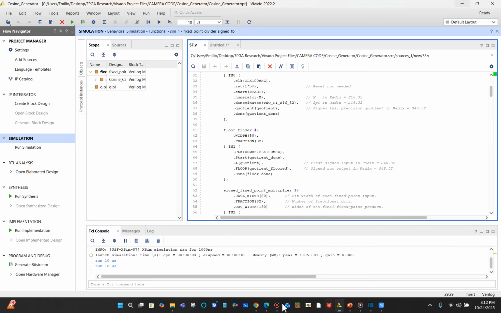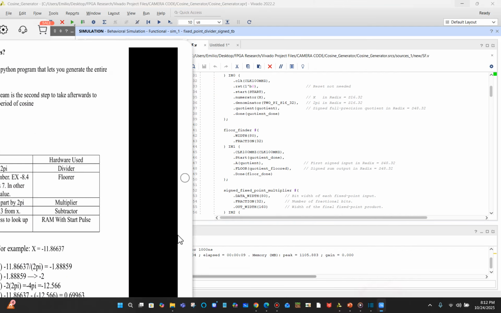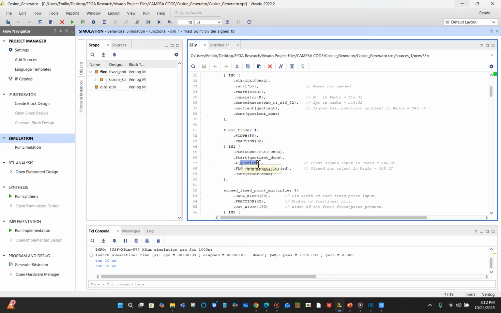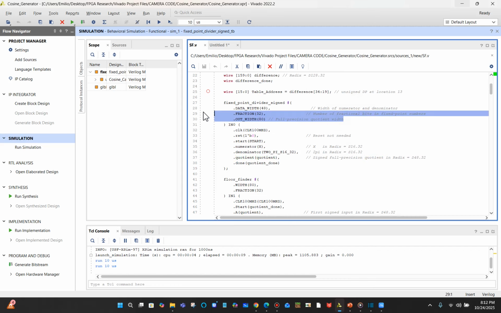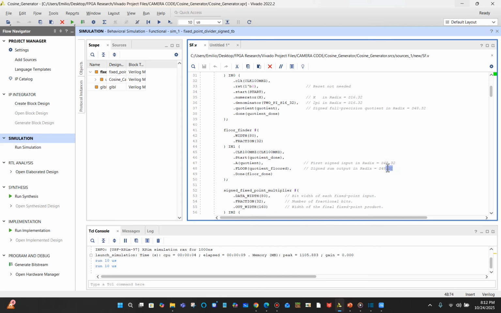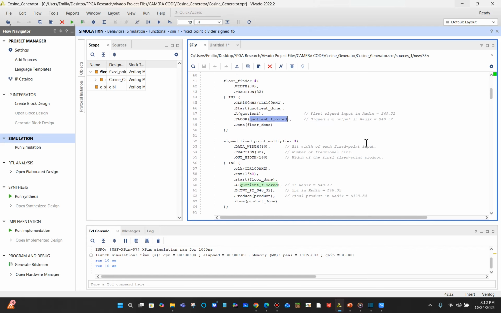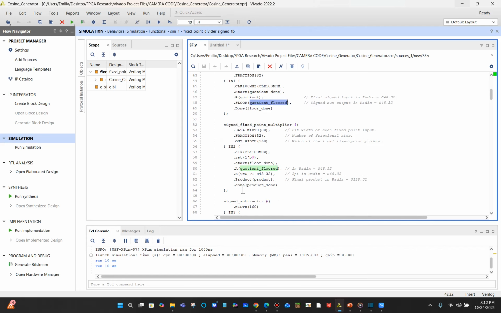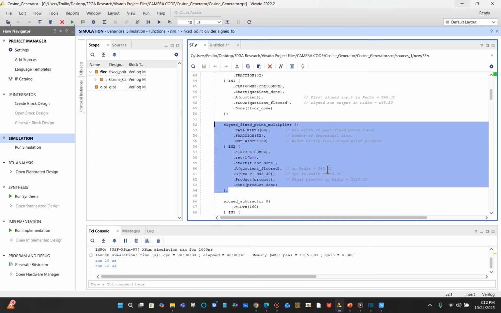Then immediately after that, the next step is to floor it. Here we take the quotient of the previous one, and the radix of the quotient as defined by this was 48.32. So we need to make the floor process take an input of that radix and have an output of that radix. All the floor does, if you can remember, is round down to the nearest integer. So then we get the quotient floored in that radix. Then we use a multiplier to multiply that by 2 pi.